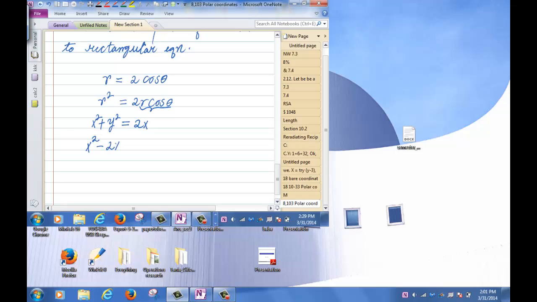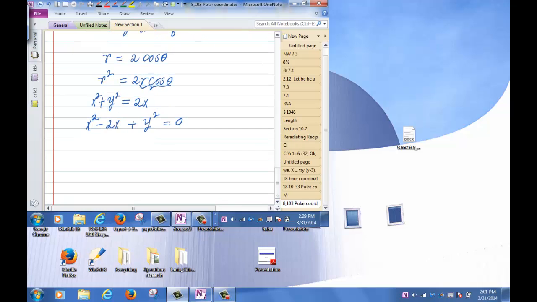I want to complete the square for x. So what should I do? I should take half of the coefficient of x and then square it, which is 1. So I am going to add 1 on both sides.